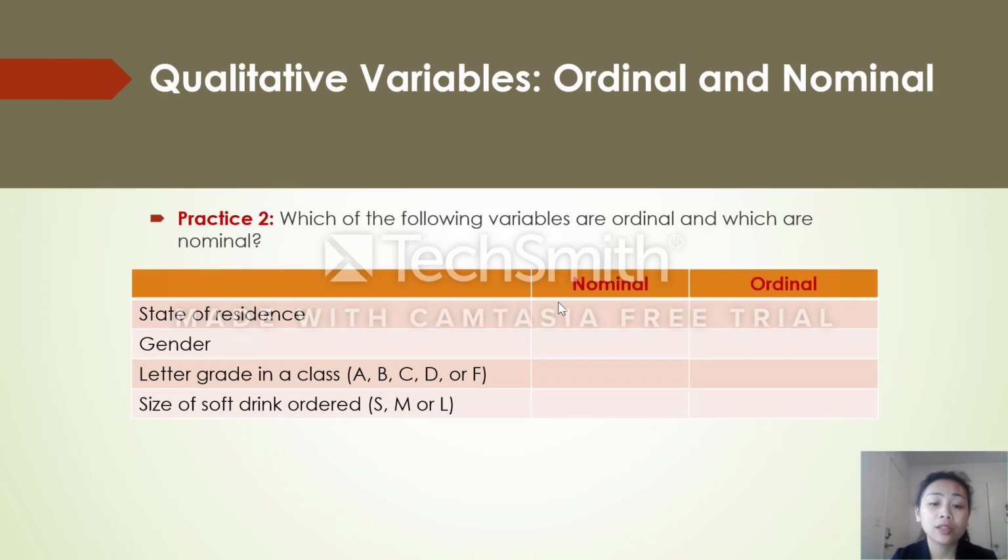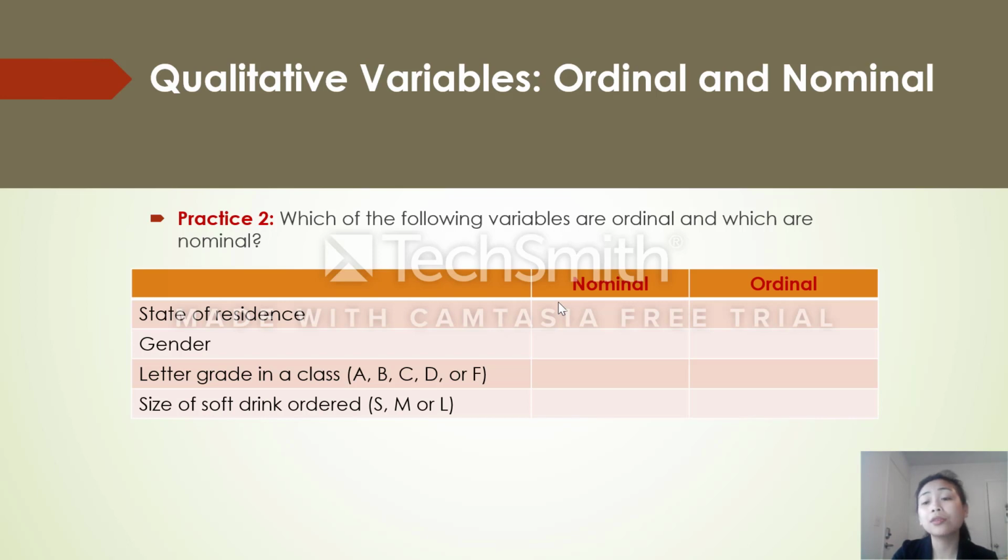State of residence. The state of residence can be Louisiana, Alabama, New York, New Jersey, or California. Those categories can be listed in any order.